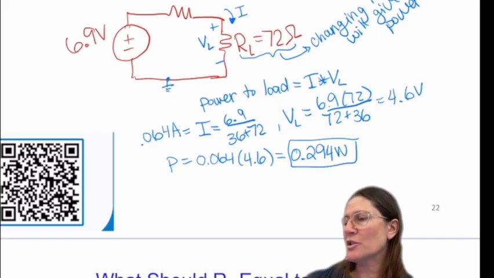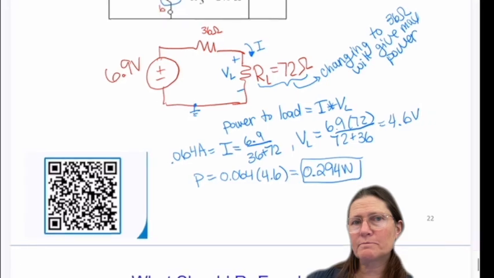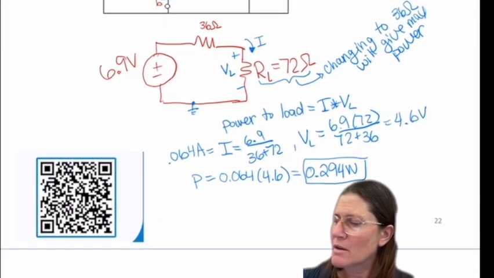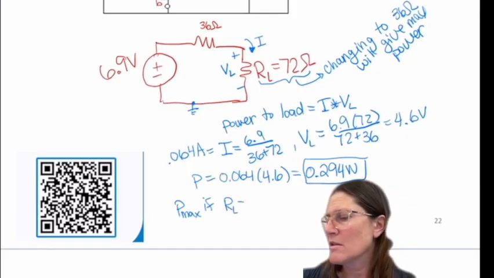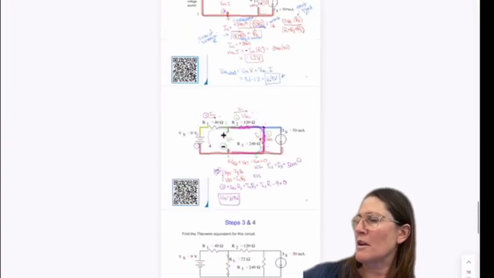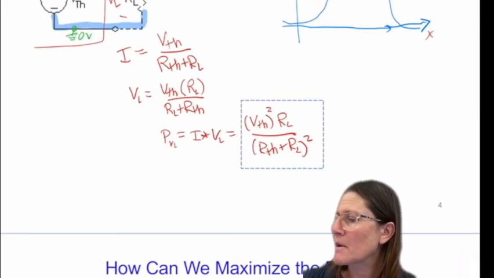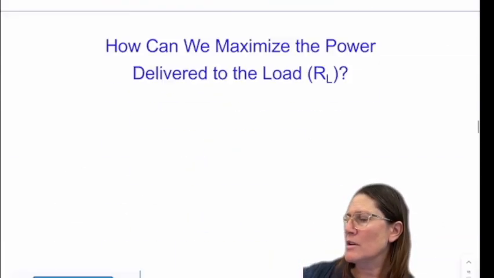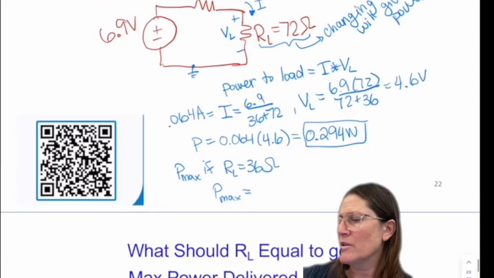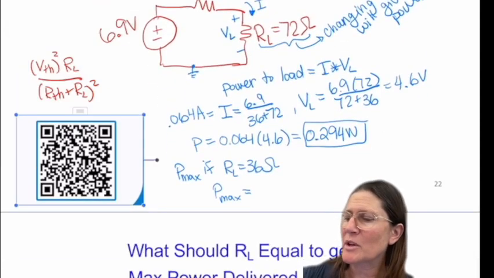If I change that to 36, then the max power is going to change. I could even just go back. I had already calculated this one.